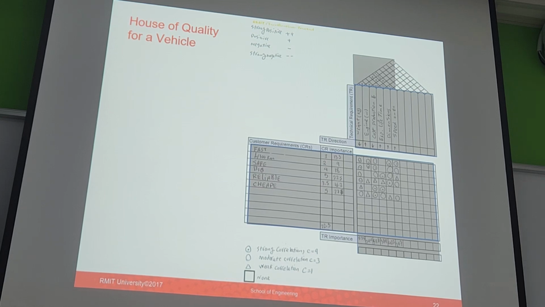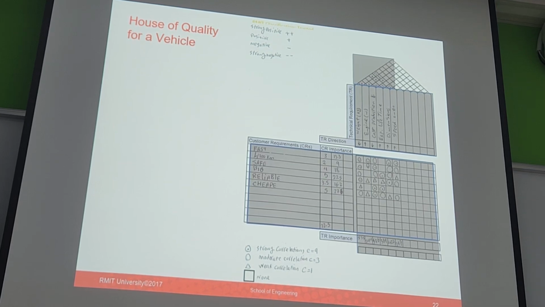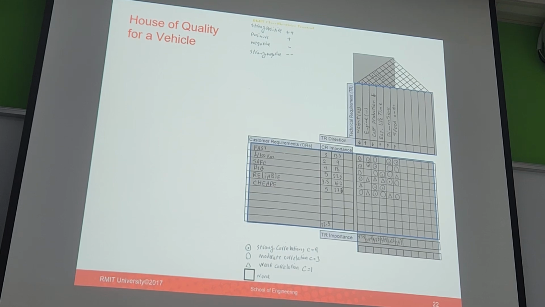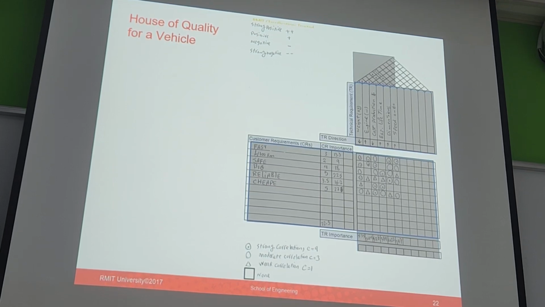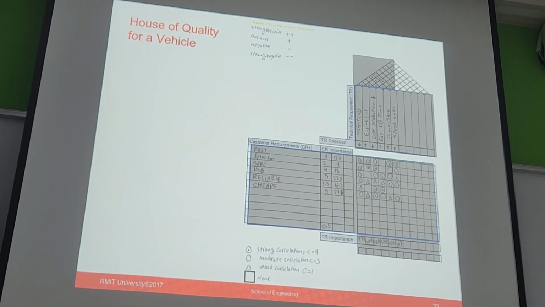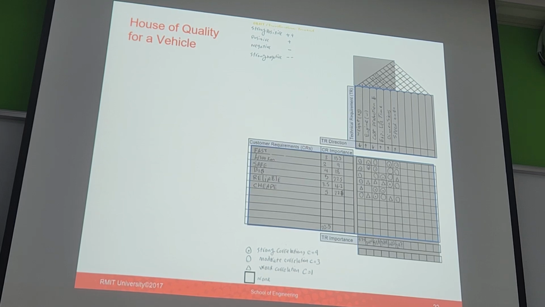You don't know? Vehicle. A vehicle. I want a vehicle. I am a customer. Good customer or not? I am a good customer? No. Thank you. I'm not a good customer. I want a vehicle. Okay?